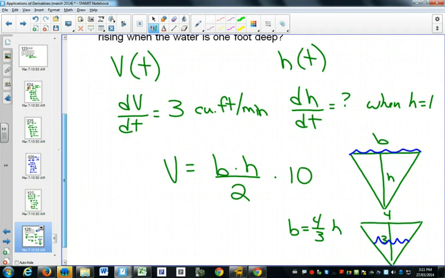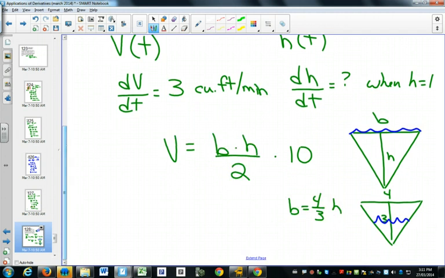No matter what size that triangle is, our base here will always be 4/3 of the height. Because in the original one, the base is 4 and the height is 3. And no matter how big or how small, because you have similar triangles, this relationship has to hold. It has to have the same relationship all the way through.